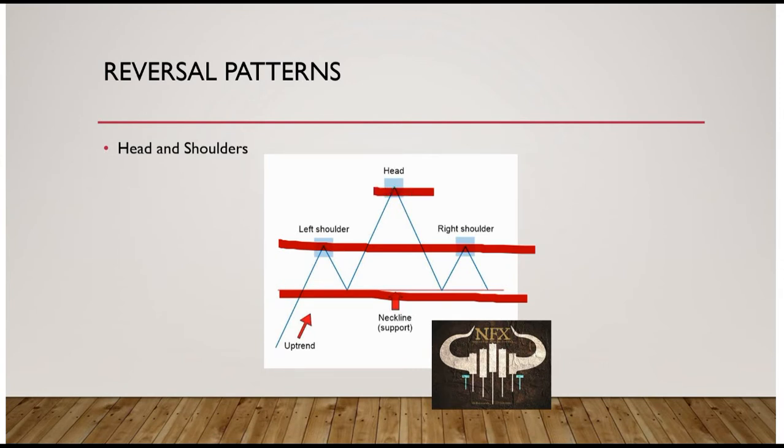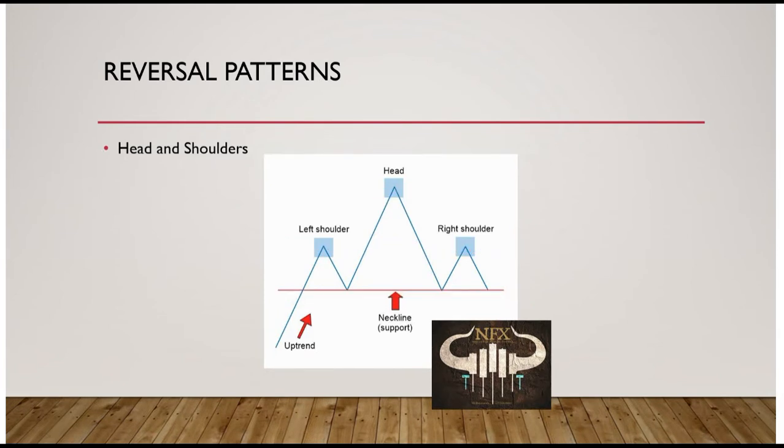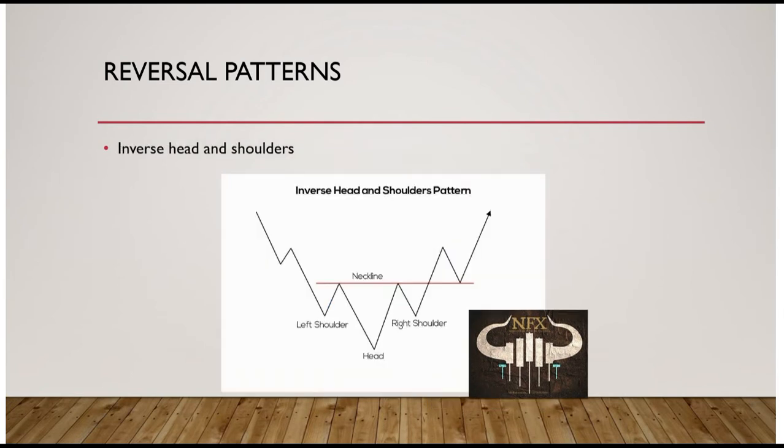And then come back to our very same neckline point, and come back to the resistance where the left shoulder bounced off, and retest the neckline again, meaning that our only confirmation will be a breakout below the neckline, indicating that since we had an uptrend, now we're going to be looking forward to selling opportunities, as this is going to continue being a downtrend right here. So the next one is the opposite of the head and shoulders, the inverse head and shoulders.